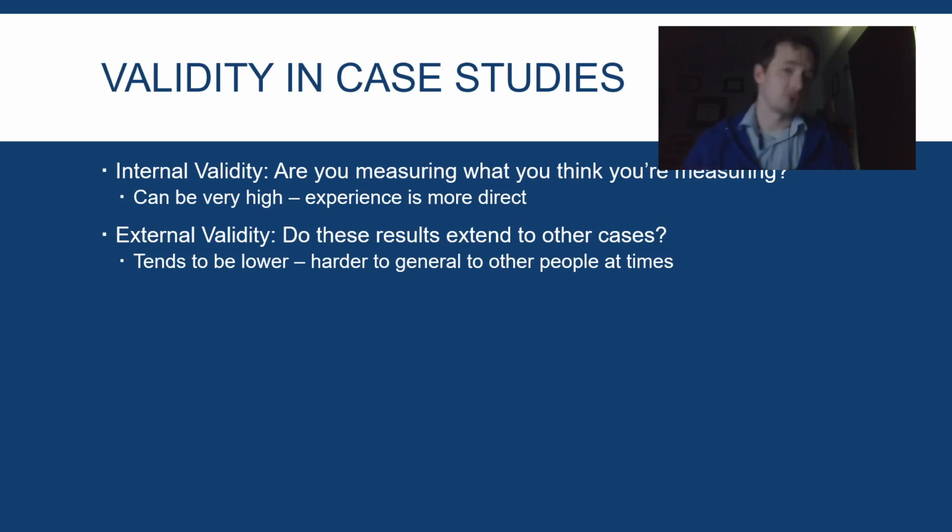External validity, on the other hand, is usually worse than in an experiment. Remember, external validity or ecological validity is essentially how much this set of findings generalizes to other people. This is tough for case studies because oftentimes we may not always be interested in other people.